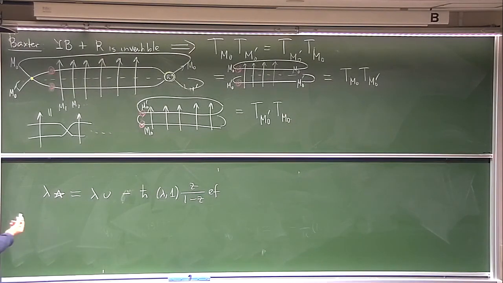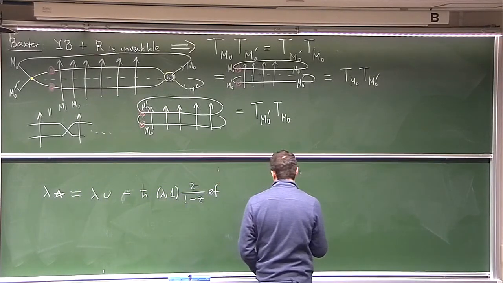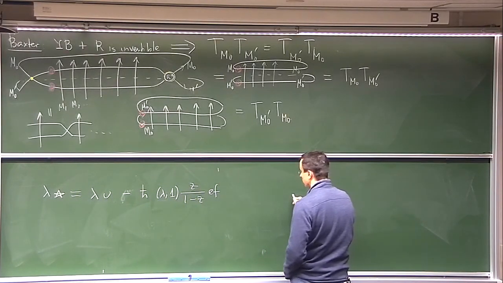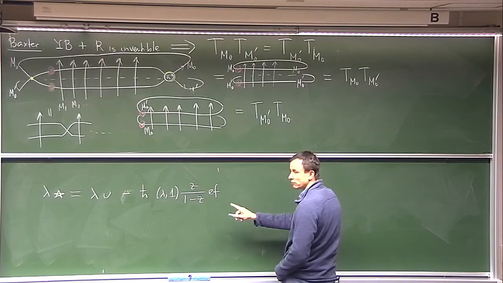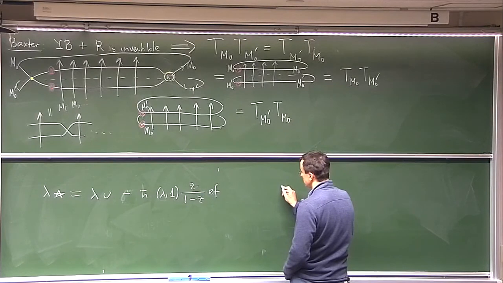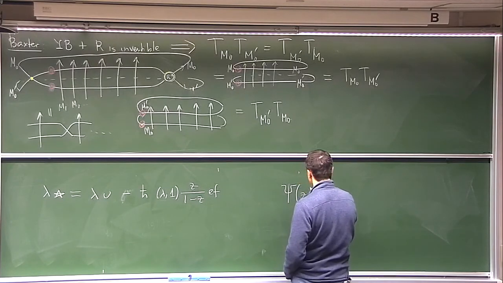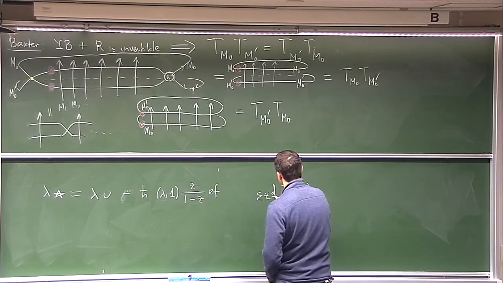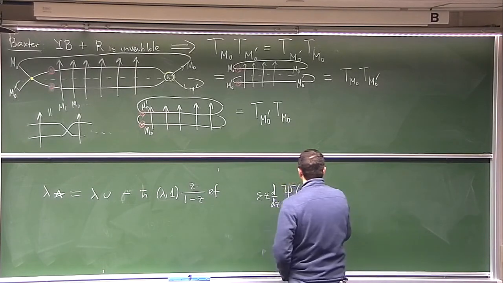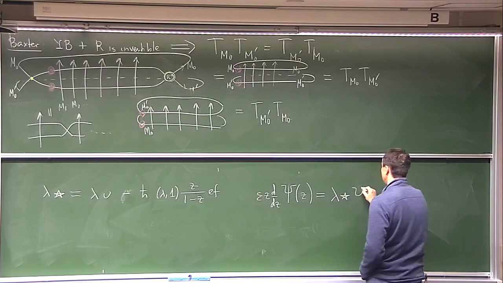But geometrically, you can solve more general equations. You can solve an equation of the following form, an equation for an unknown function psi. If I take psi of z, and give myself a new variable, call it epsilon, it will satisfy an equation of the form epsilon z d by dz psi equals the matrix times psi of z.